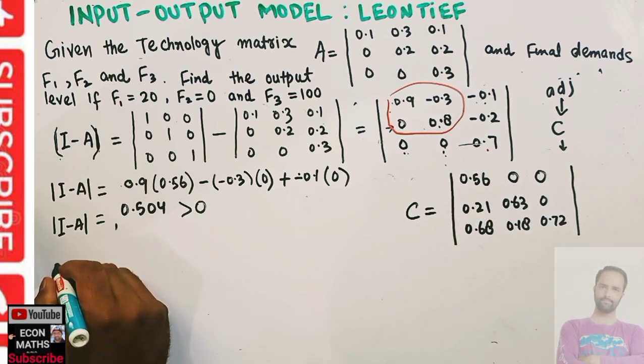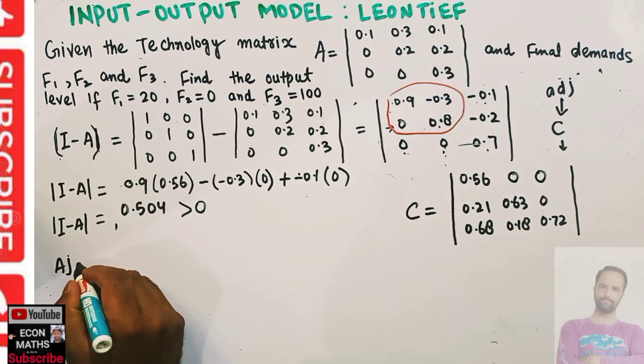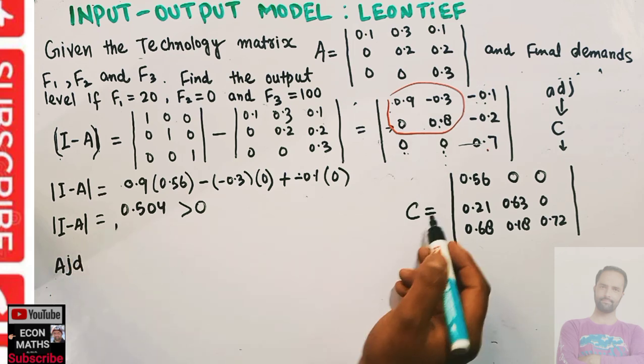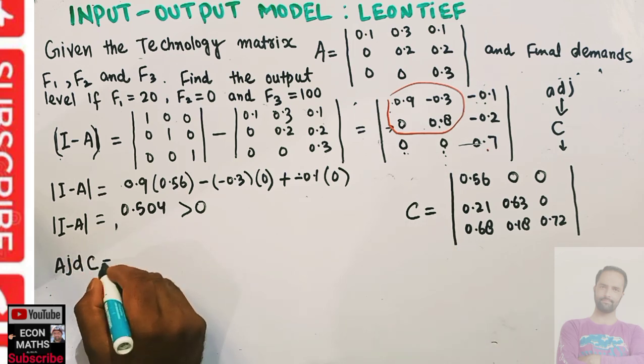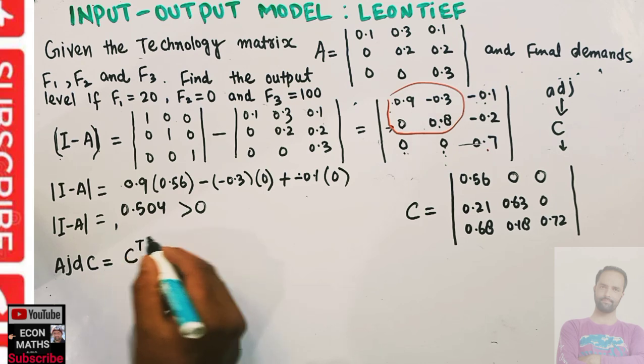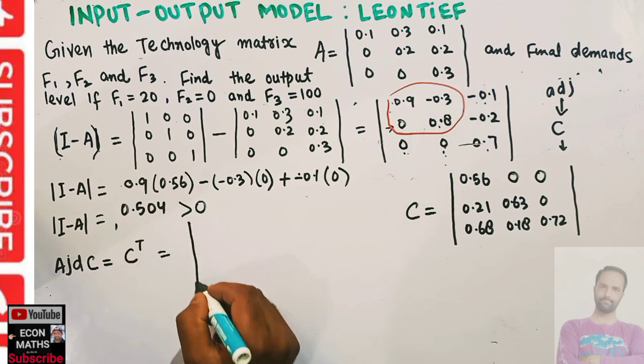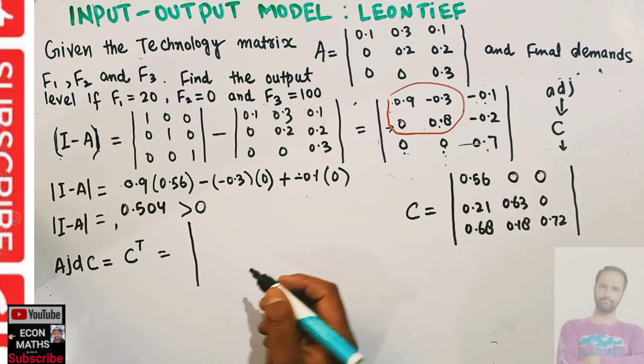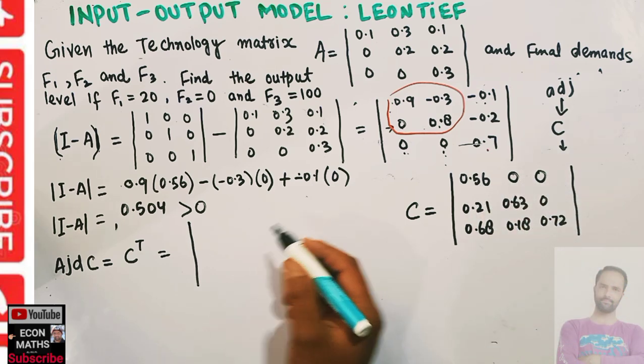Now to find the adjoint, adjoint of this C is equal to simply the transpose of cofactor matrix. So taking transpose, simply interchanging rows with columns gives us the transpose matrix.